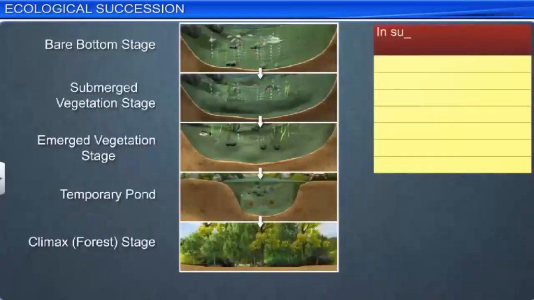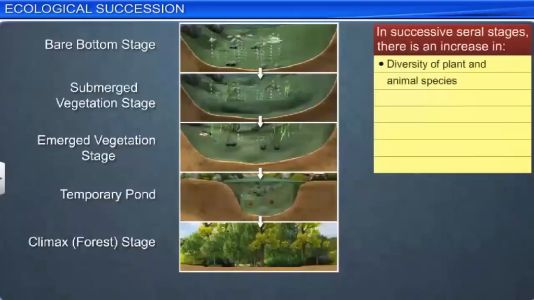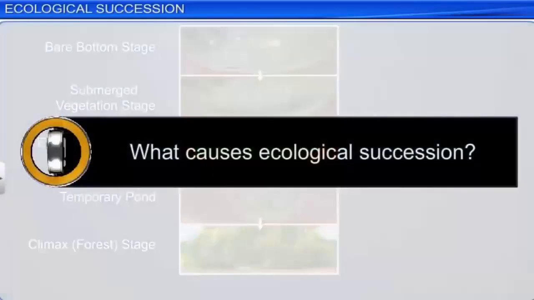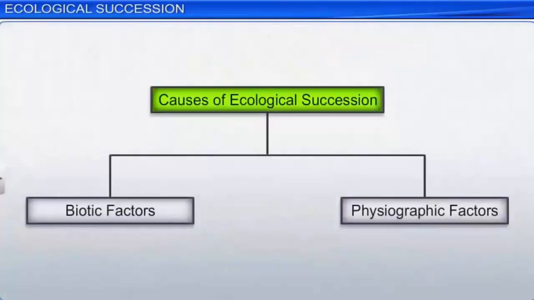In each successive seral stage, the diversity of plant and animal species increases along with an increase in the number of species and total biomass. But what causes ecological succession? Primarily, there are two causes for ecological succession: biotic factors and physiographic factors.